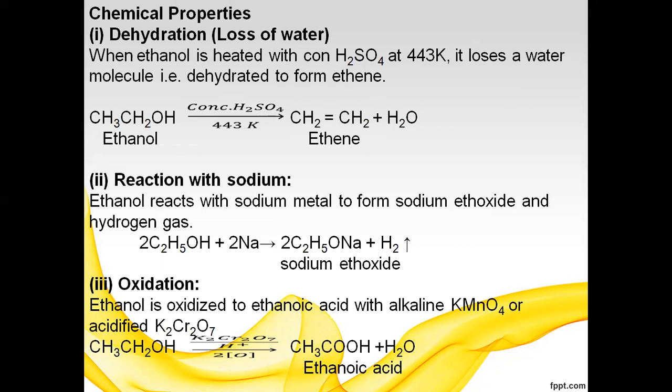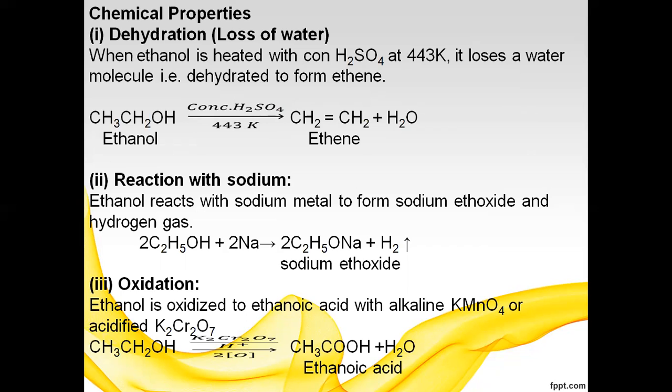It loses a water molecule and is dehydrated to form ethene. The equation: CH3CH2OH, ethanol, with concentrated H2SO4 at 443 Kelvin, is converted into ethene, CH2=CH2, plus H2O.